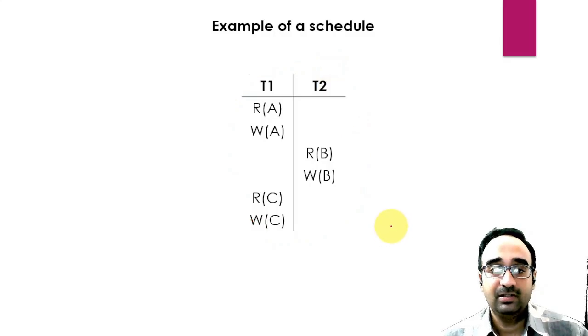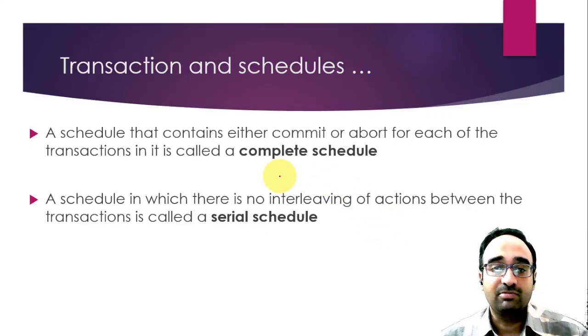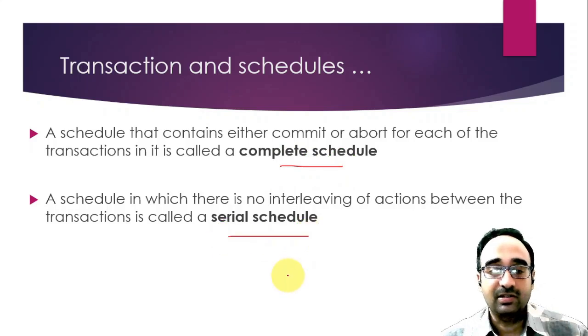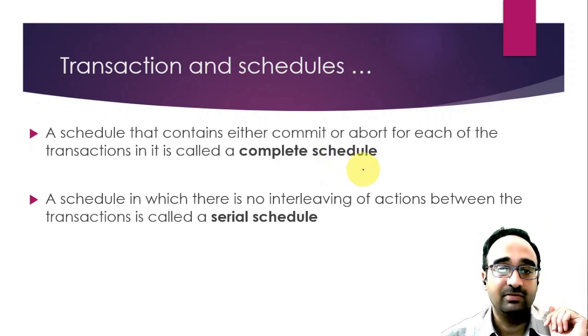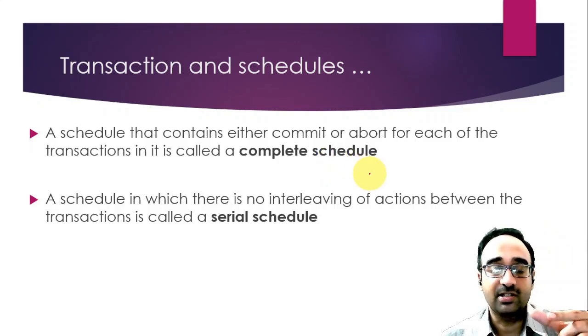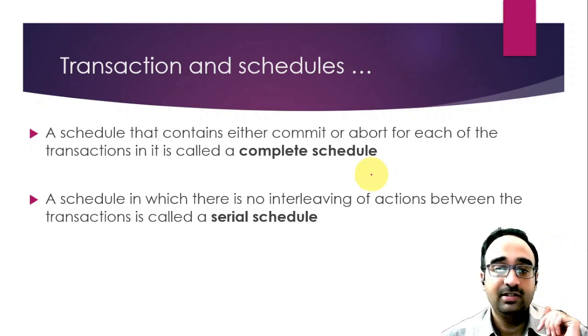Now there are different types of schedules: complete schedule and serial schedule. What is a complete schedule? If you take a schedule and each of the transactions ends with either commit or abort, then it is a complete schedule. For each transaction, if the last operation is either commit or abort, then it is a complete schedule.